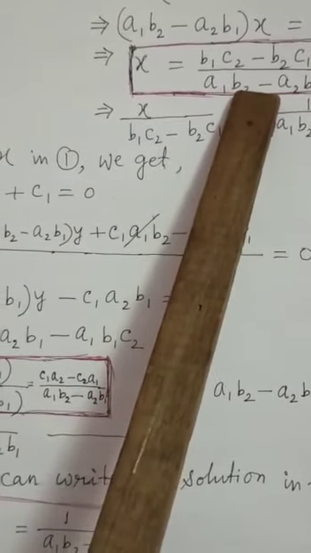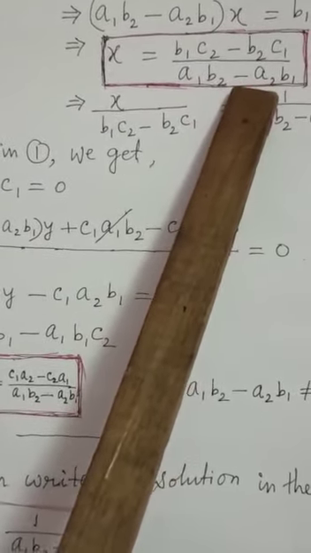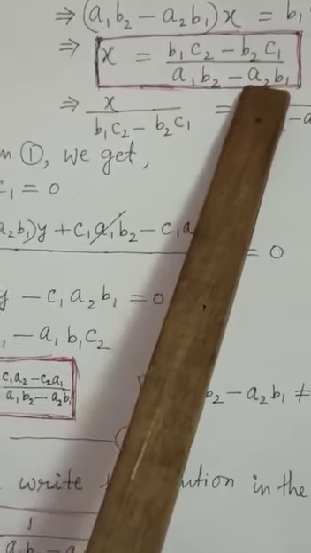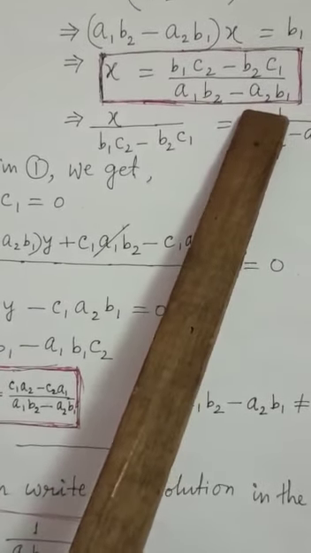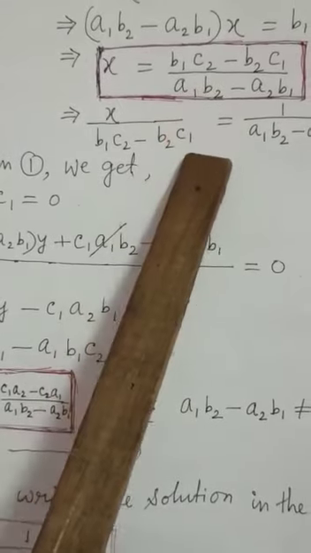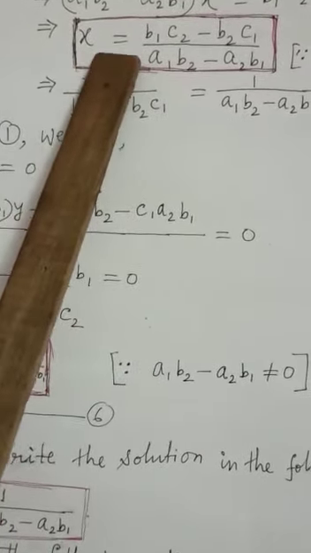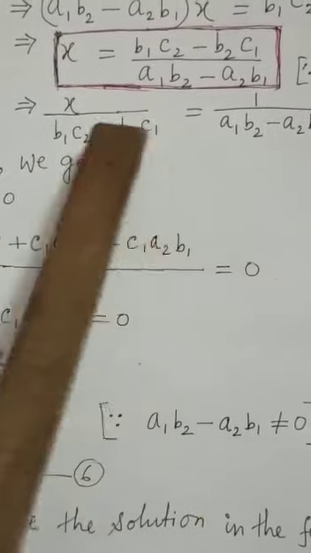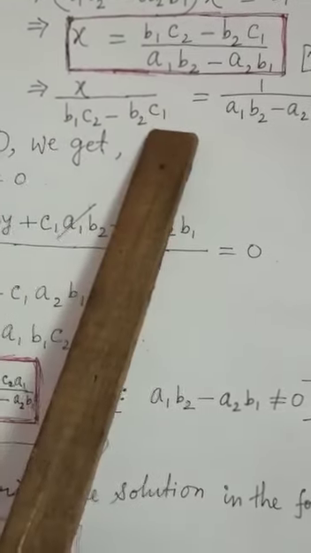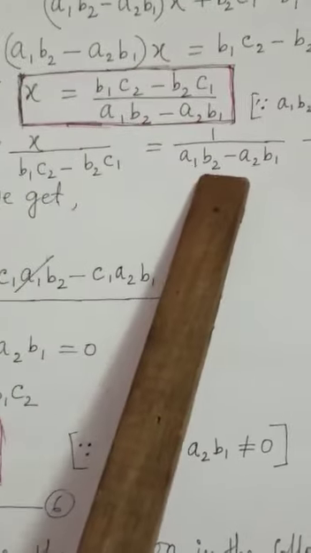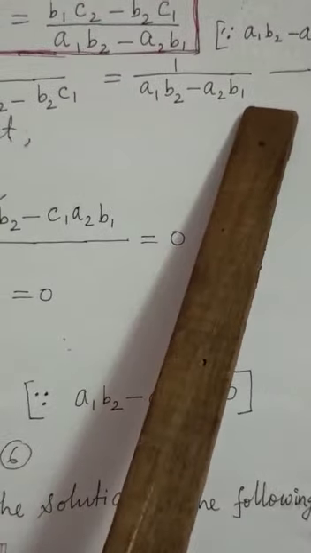So in order to remember it, we can write this solution in a different form. Let us get the equation x upon b1 c2 minus b2 c1 is equal to 1 upon a1 b2 minus a2 b1.